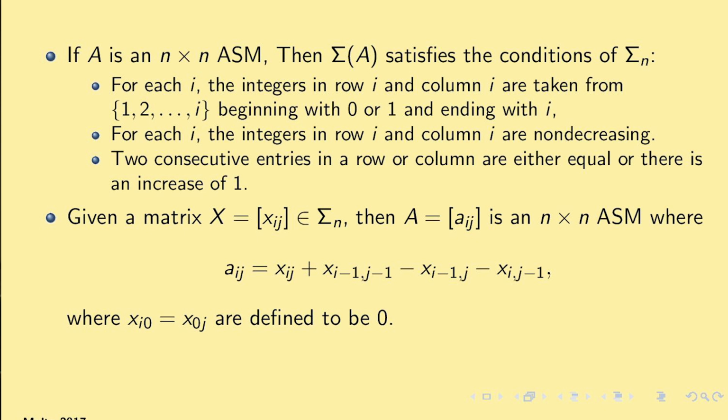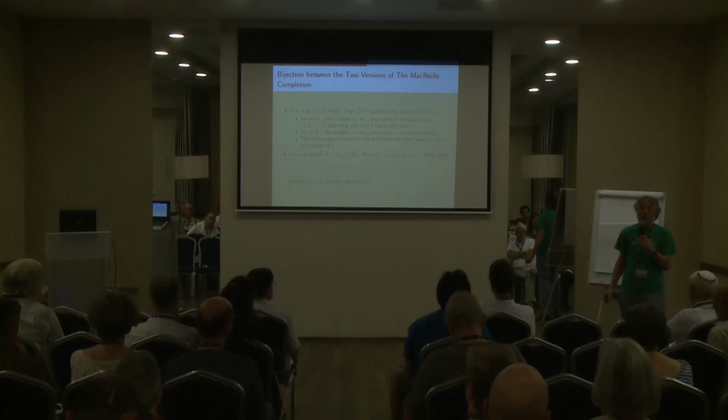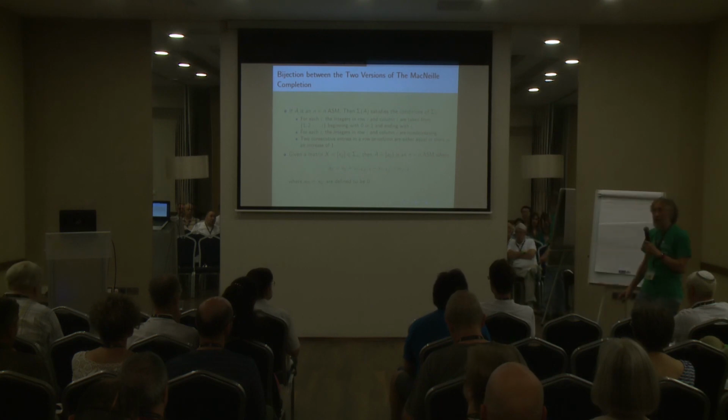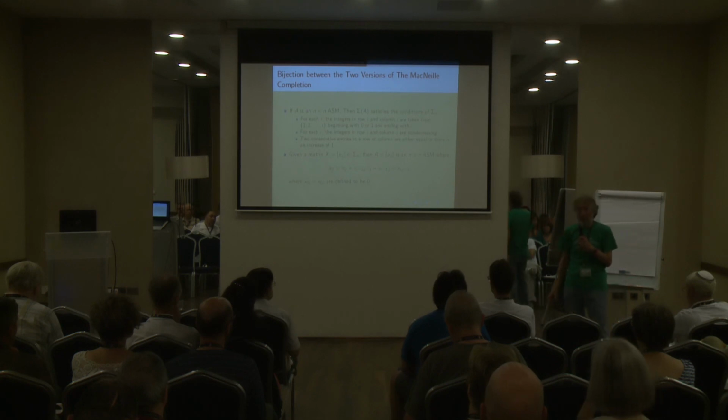Okay. Now, very quickly, the bijection between the two versions of the MacNeille completion, and let me just focus on the second bullet down there, that given a sigma matrix, you can find the corresponding alternating sign matrix, provided it has the right properties that we've talked about, okay, by defining A_ij to be, well, you see it there, X_ij plus X_{i-1,j-1}, minus two other entries there.